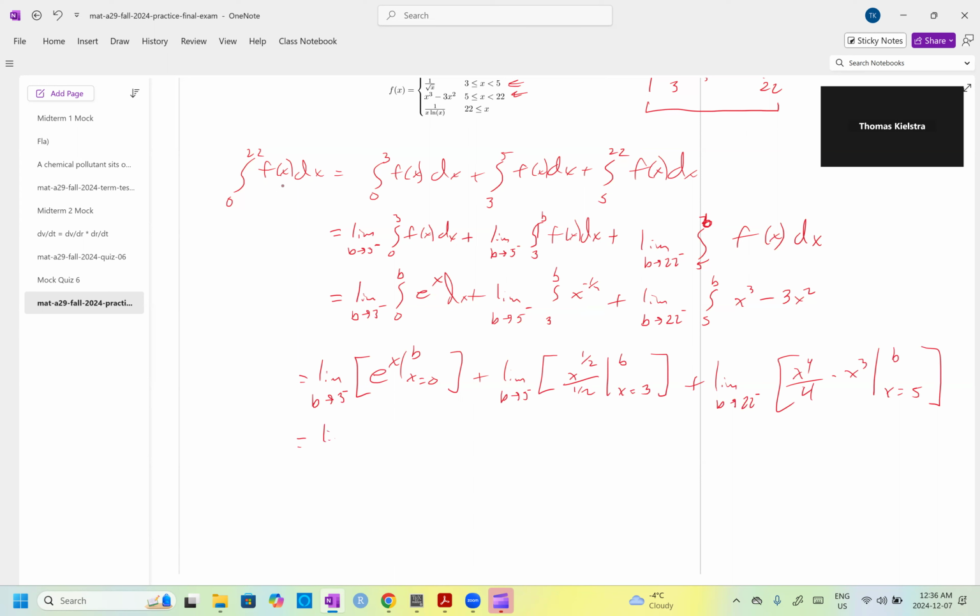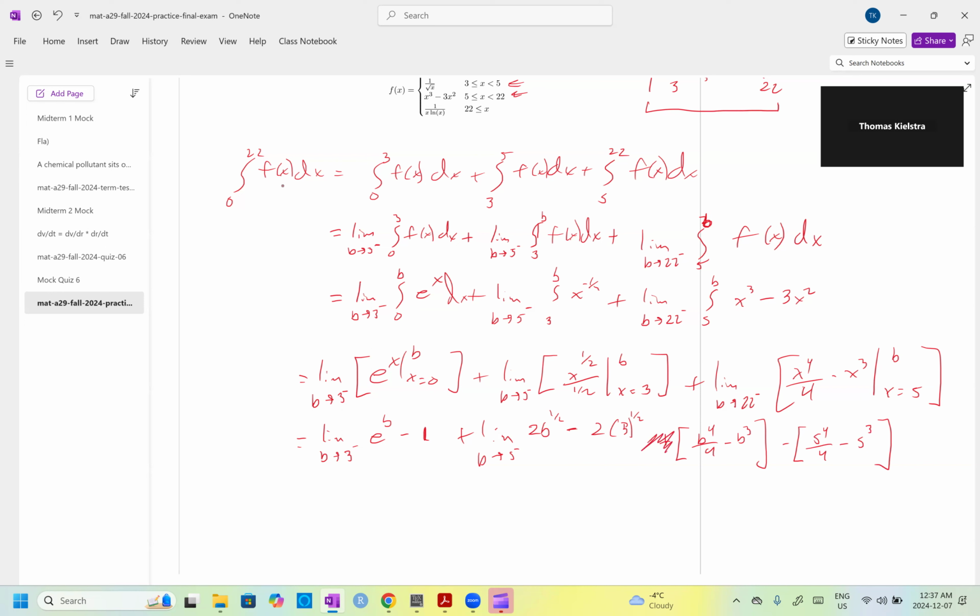Plugging these in, we get the limit as b approaches 3 from the negative side of e to the b minus 1, plus the limit as b approaches 5 from the negative side of 2b to the 1/2 minus 2 times 3 to the 1/2, plus b to the 4 over 4 minus b cubed minus 5 to the 4 over 4 minus 5 cubed.